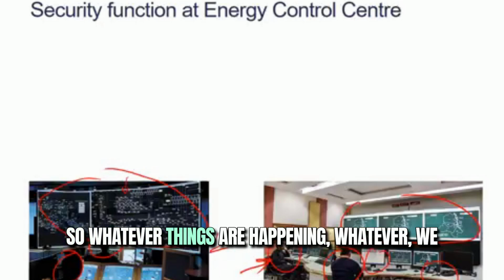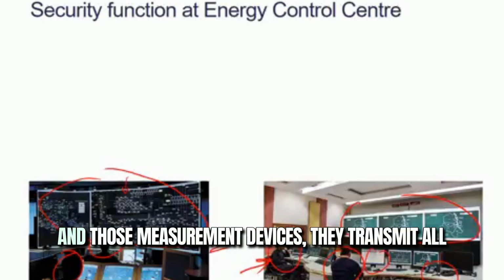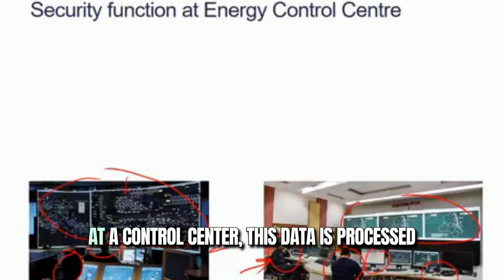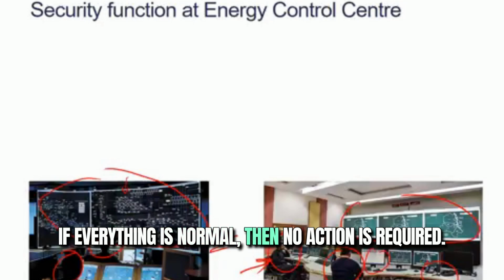Whatever things are happening, we have a lot of SCADA equipment installed, which are measurement devices, and those measurement devices transmit all the information to this control center. As soon as data is received at a control center, it is processed immediately, and then an action is decided. If everything is normal, then no action is required.